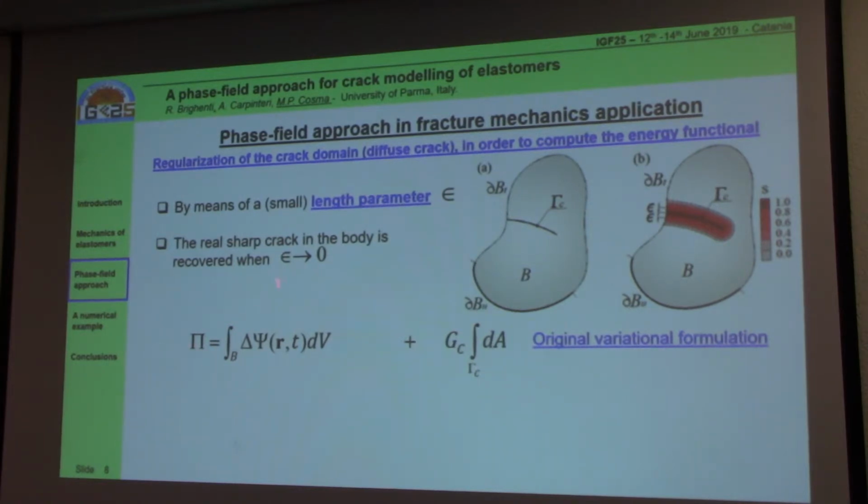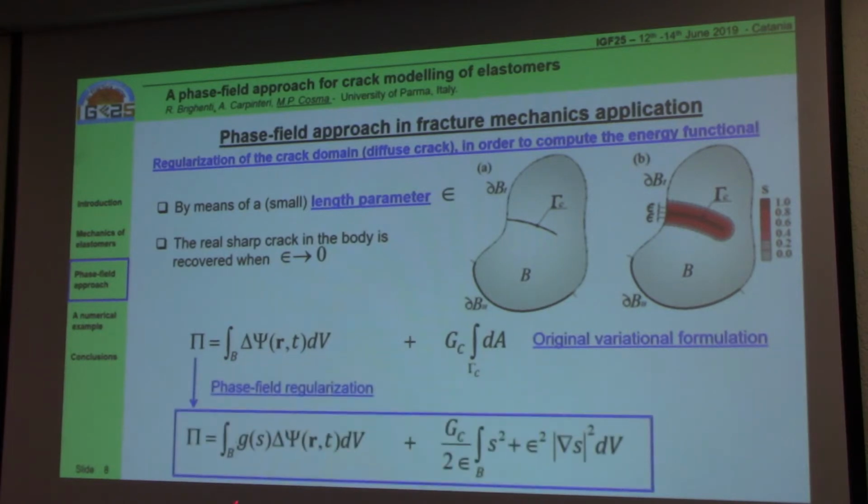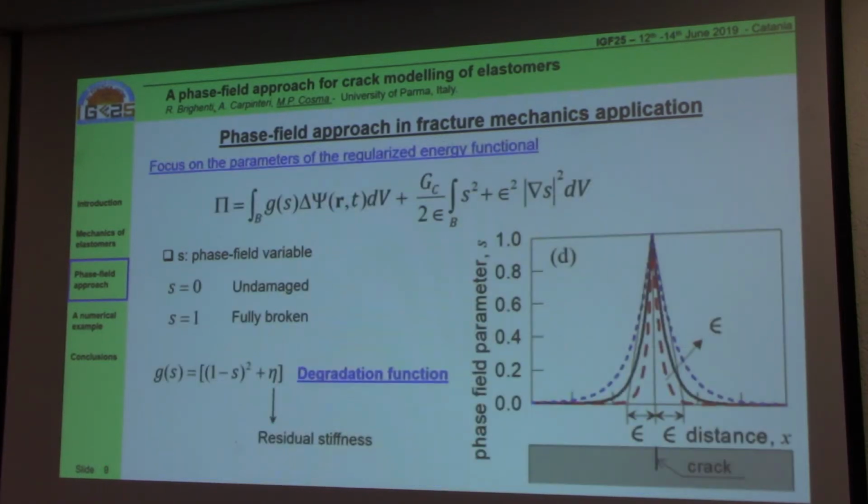By using this regularization, we can rewrite the previous energy functional in the so-called phase field regularization. We can see here that now the second integral is an integral over the body and not over the current crack domain, so we can easily minimize this functional in order to obtain the solution of the problem. Just some words about the terms that are involved in this equation.